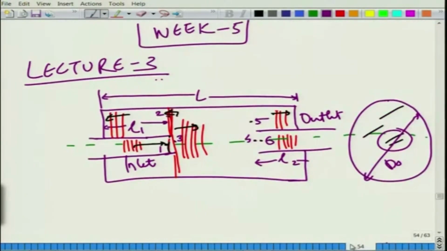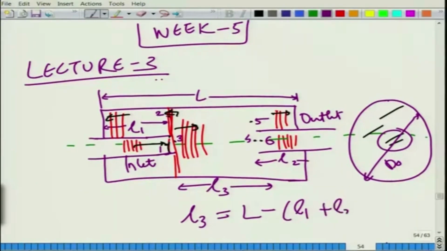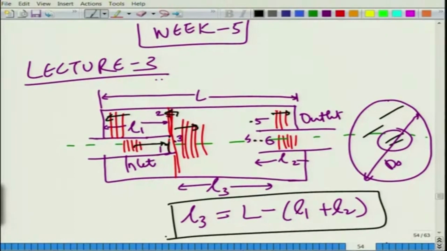Actually, one thing that I probably should have mentioned: this is L1, this is L2. Let me call this L3, the distance right from the interface of the extended inlet to the interface of the extended outlet. So L3 is obviously simple: L1 plus L2 minus, this is important, once you have fixed L1 and L2, L3 is automatically fixed.